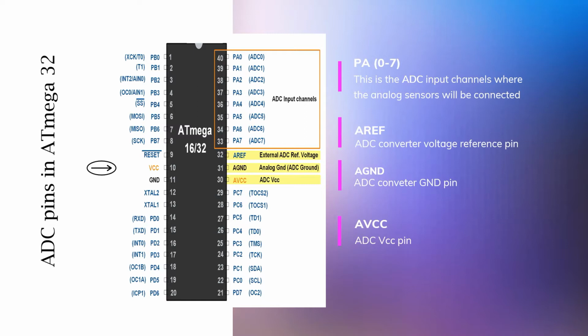And also we have an ADC reference pin, ADC ground pin and ADC VCC pin, which are used to power, ground and provide a reference voltage, and we will look at what a reference voltage is further in this video. And remember, these 8 channels are where you need to connect your analog devices in order to convert the data and use it.